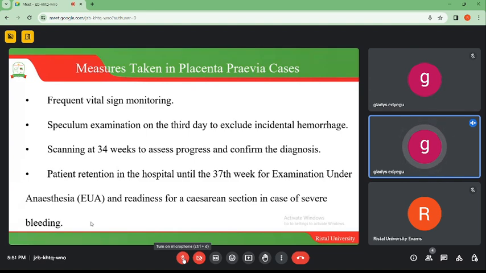So we are supposed to retain these mothers. We are not supposed to allow them to go home if we are seeing that there's a possibility of this mother not complying with the advice we are giving them about strenuous work and so forth. Let's keep these mothers with us and make sure that we do examinations before they go, and then prepare them for cesarean section in case there is any severe bleeding, and that's when we shall be able to save them.